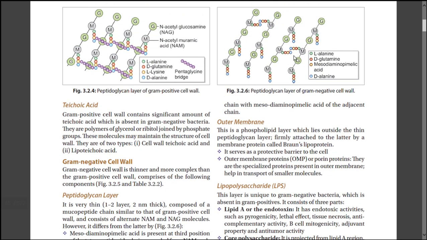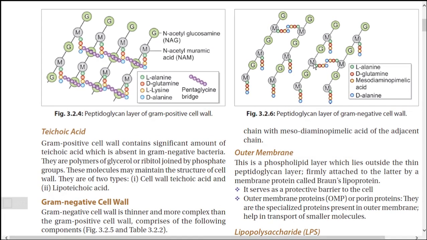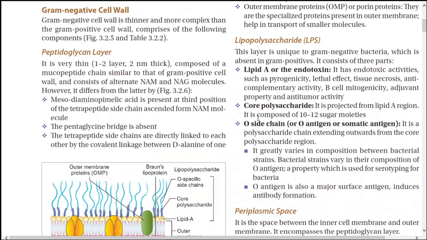So between D-alanine and meso-diaminopimelic acid, I will zoom it out, there is a covalent linkage. But here in gram positive, there is a pentaglycine bridge between D-alanine and L-lysine. That is important. The location is important.